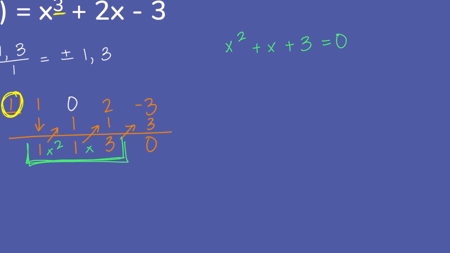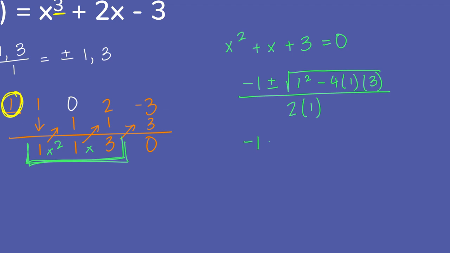Using my quadratic formula, I'm going to have negative b plus minus square root b squared minus 4ac over 2a. Okay, so small numbers here. Very small numbers. I'm going to have negative 1 plus minus 1 minus 12. Don't forget that square root over 2.